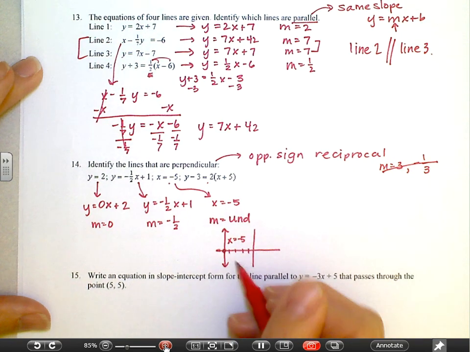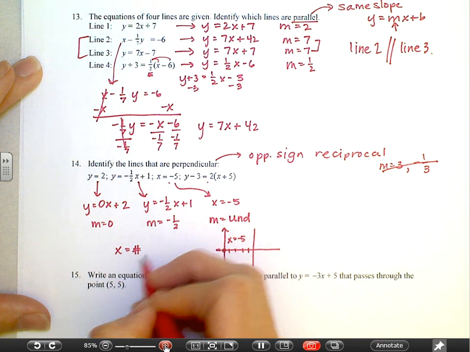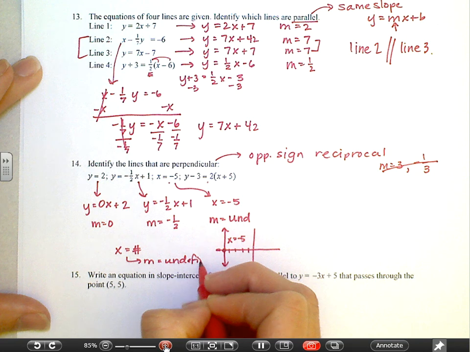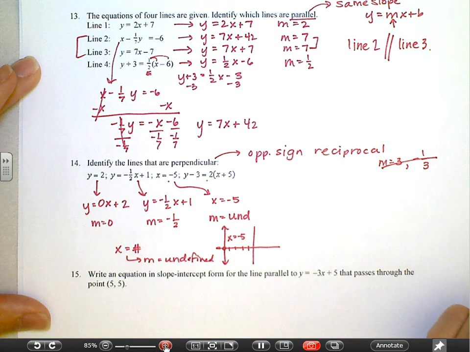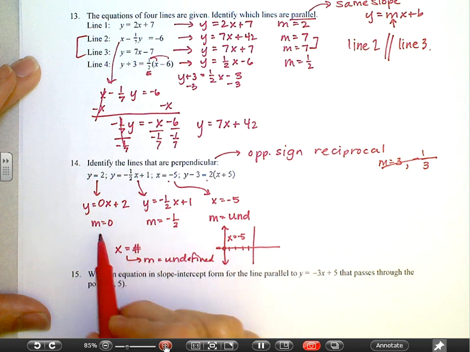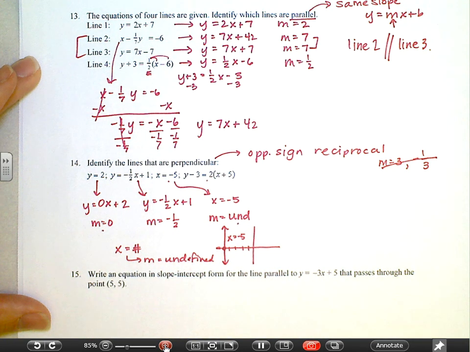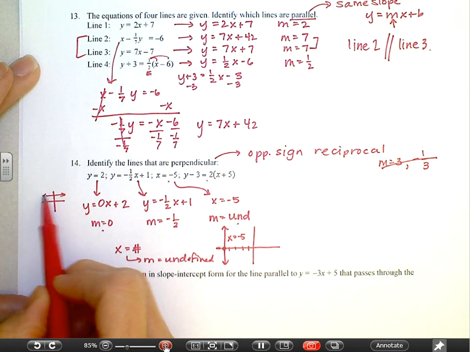And any time that you have x equals a number and that's your entire equation, your slope is undefined, because it's always that vertical line, which has an undefined slope. And remember from that chart we did that a zero slope and an undefined slope are perpendicular to each other, because this would be a horizontal line at 2.